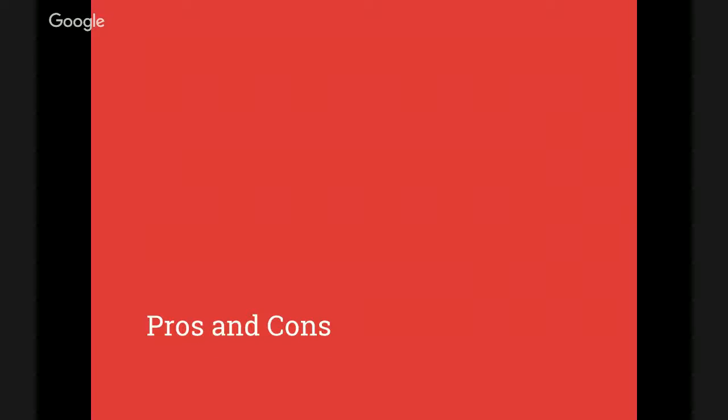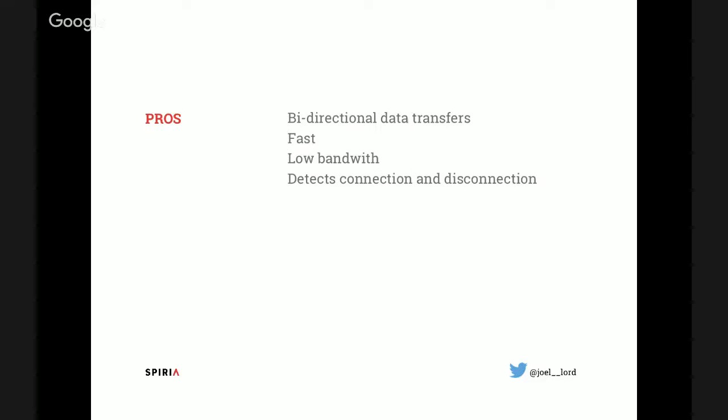So let's look at some of the pros. Like I said, it's bidirectional data transfer. I cannot put enough emphasis on that. It's a way to push the data to the clients, which makes it much faster to get the data on the screens. Also, the fact that it establishes a tunnel and keeps that connection alive makes it much faster to send data from the server to the client or from the client to the server.